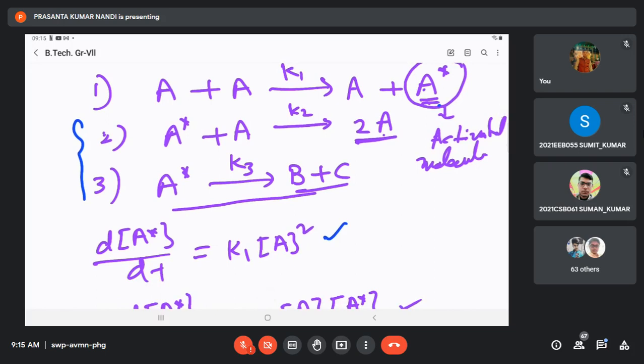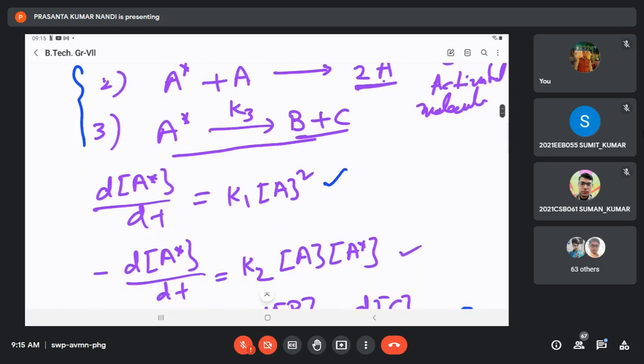The first step, the activation step, we write the rate of formation of this energized or activated species, given by K1 A squared, because it is a single step, so naturally unimolecular, and since two molecules are involved, it seems to be second order.